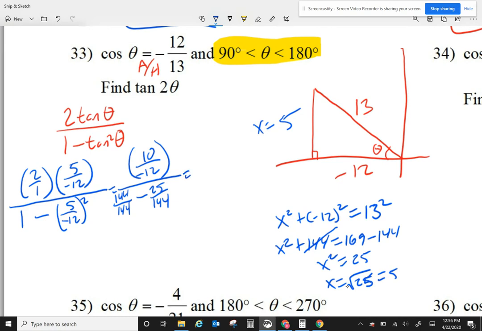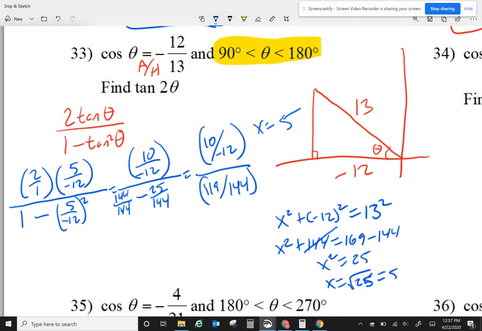That's 1, but I want to have common denominators. So, all right, let's see. On the top, I have 10 over negative 12, right? Not doing anything on the top yet. At the bottom, 144 minus 25. That is 119 over 144.